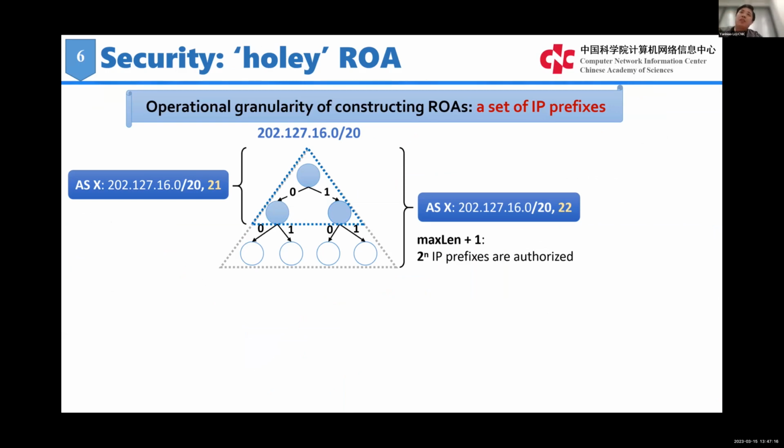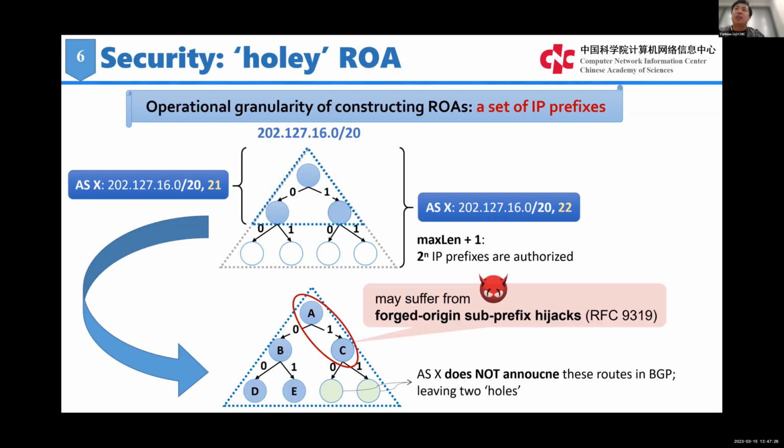As such, the authorization of some prefixes may also involve other prefixes that will not be originated by the AS in the routing system, leaving several holes in the encoded subtree that looks like a triangle. This may lead to forged origin subprefix hijacks. Such an ROA is defined as a loose ROA in RFC 9319. More figuratively, we call it a holey ROA.